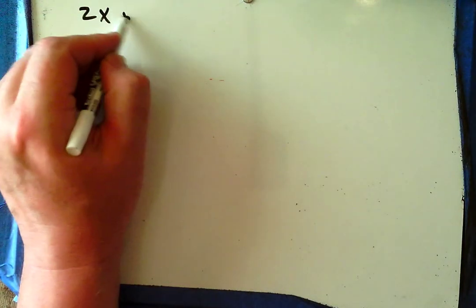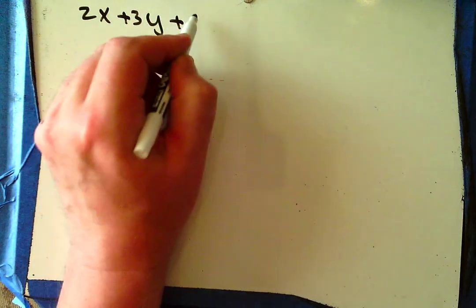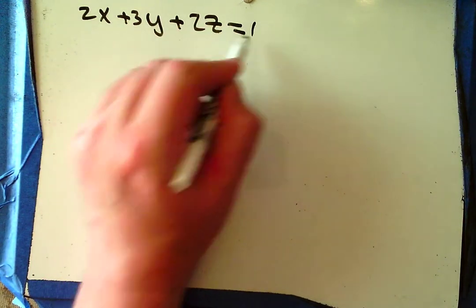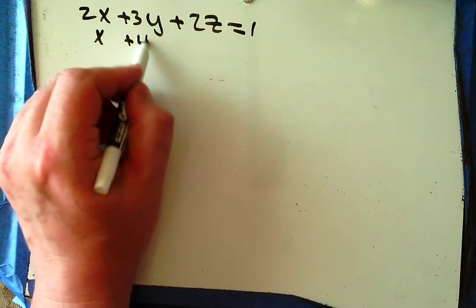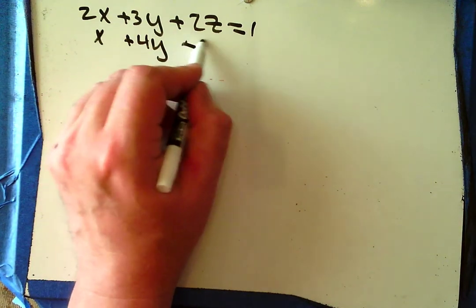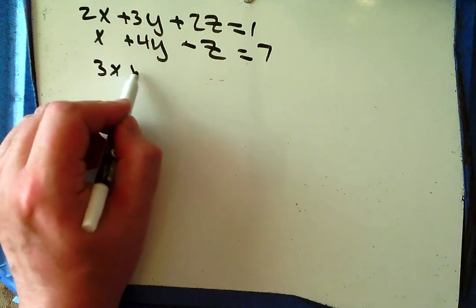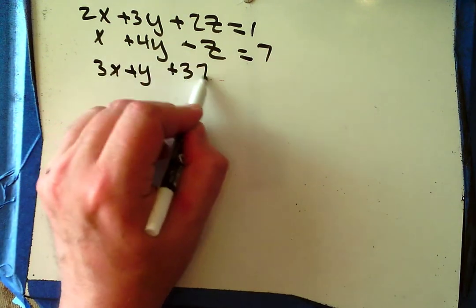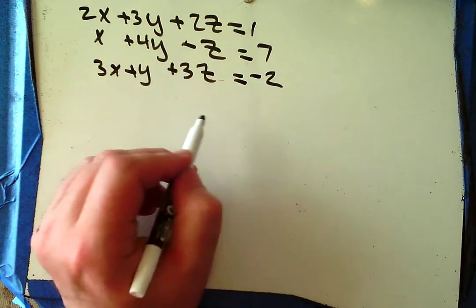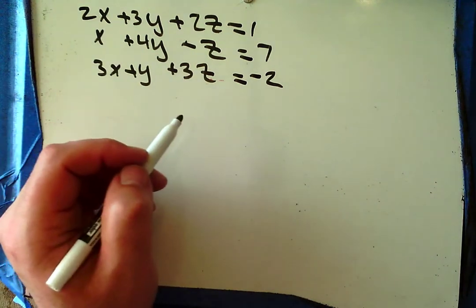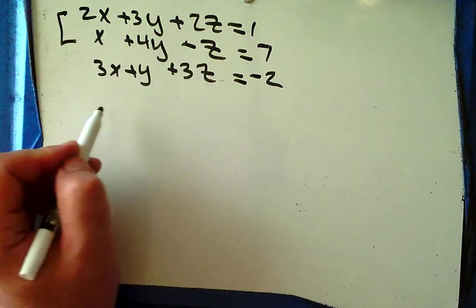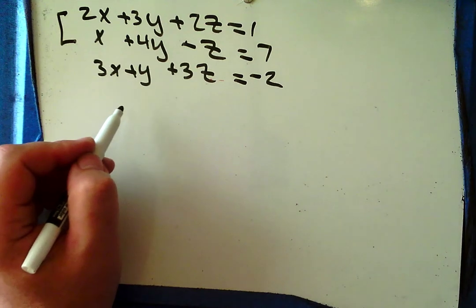Let's go back to last semester when we were doing systems. 3y plus 2z equals 1. X plus 4y minus z equals 7. 3x plus y plus 3z equals negative 2. And so what we said last semester was we'd pick two equations and we'd eliminate a variable.